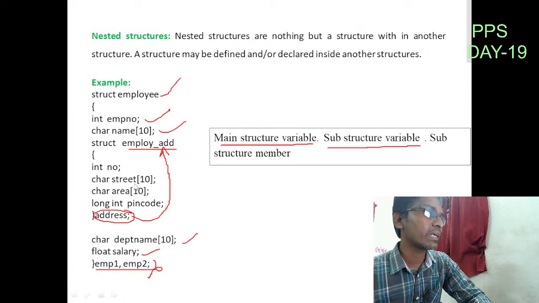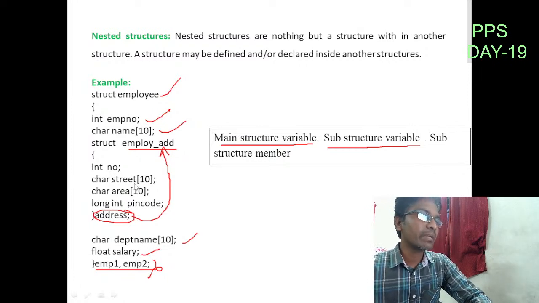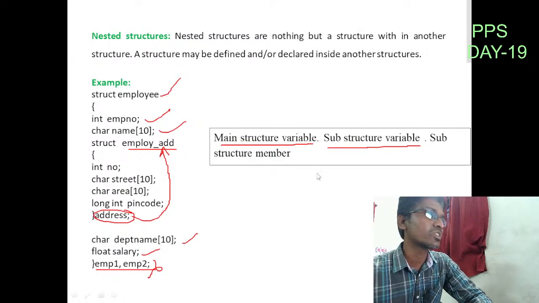I hope you understand what I am saying. If it is a main structure, then you use a structure variable followed by dot operator and followed by structure member. If it is a nested structure, then you use a main structure variable followed by dot operator, followed by substructure variable, followed by dot operator, followed by substructure members.